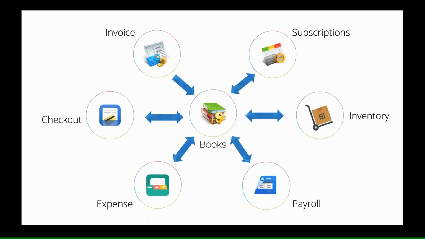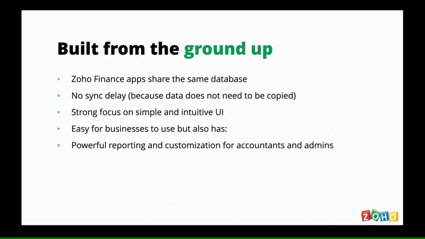Now, just a quick analysis of how Zoho's finance products work. The main thing that I want you to remember is that Zoho's finance apps all share the same database. So what that means is if I'm creating a sales order in my inventory system, that is immediately available in my accounting system.